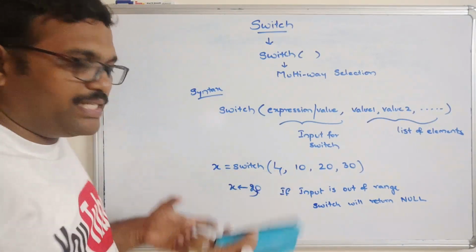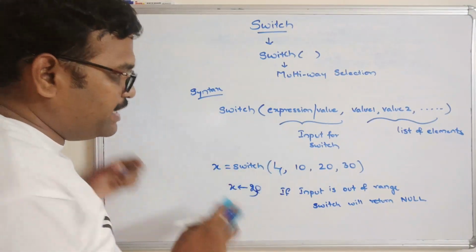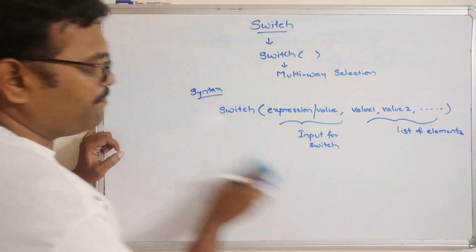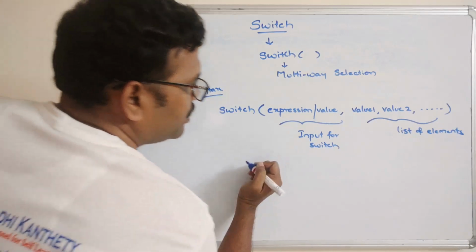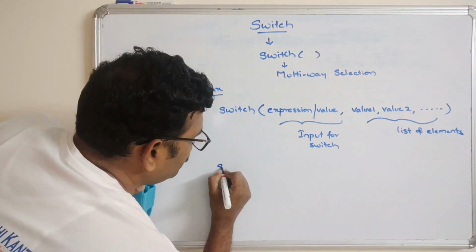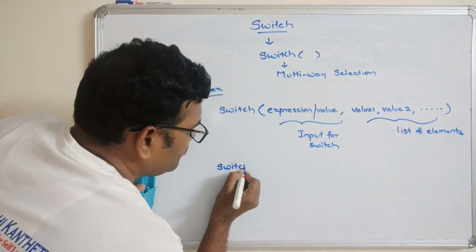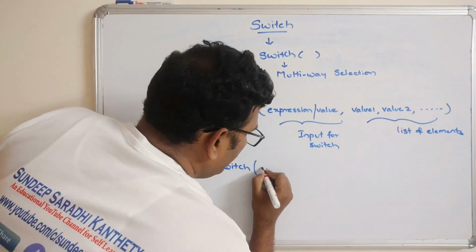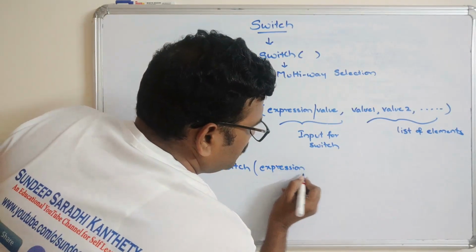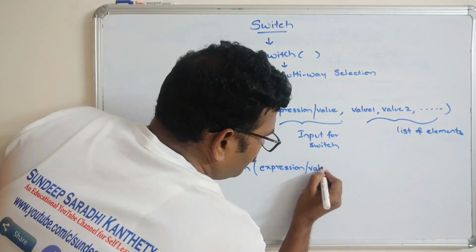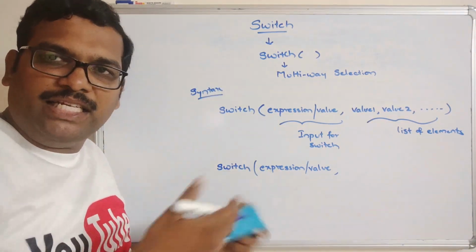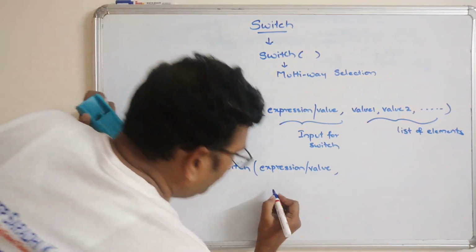Let me tell you the second syntax: switch, and here we write an expression or a value, and from the second parameter we need to use the matching string expressions.